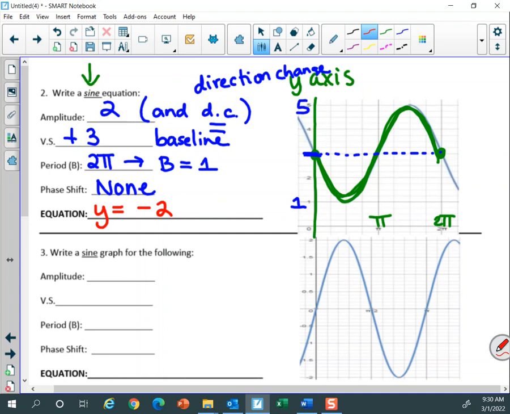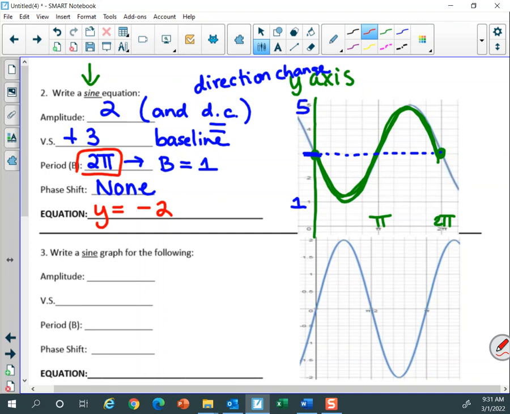It's technically not a period change, I don't think. So can we just put none, or would we have to put 2 pi? Well, I think it's good to acknowledge that the period is 2 pi, which is normal. I think that's better to say than none, because it's just like, what is the period?